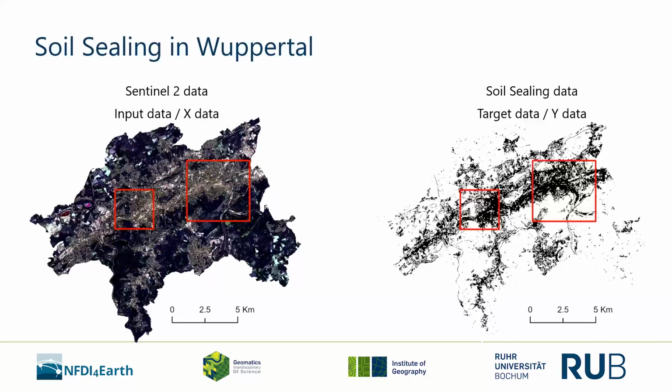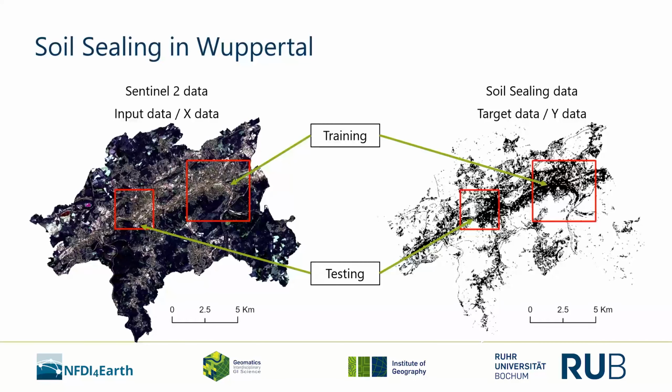Considering that the whole image we are currently looking at has more than 1.7 million pixels, we should reduce the number of pixels for the sake of computing time. Those red rectangles indicate the regions we will concentrate on. The larger rectangle indicates our training region and the smaller one the testing region.